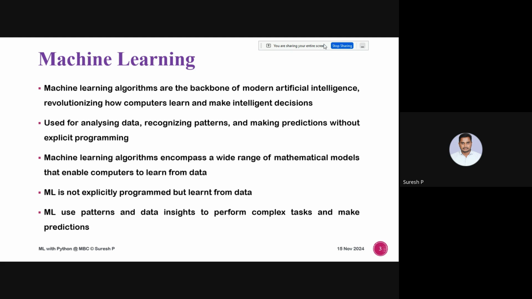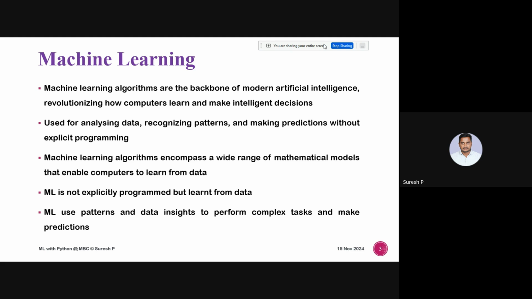There are a lot of hidden patterns in the data, and these hidden patterns will be learned by the computer with the help of machine learning algorithms.